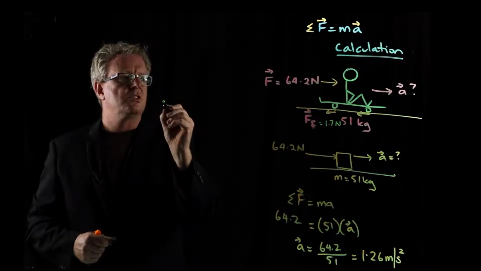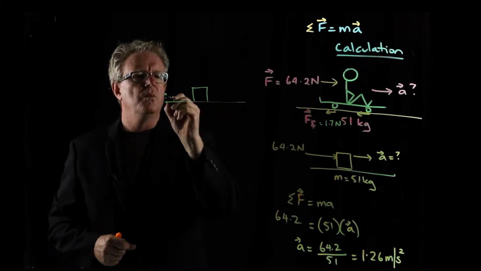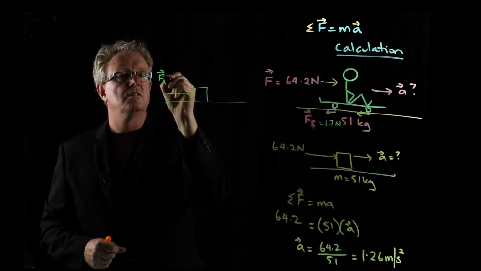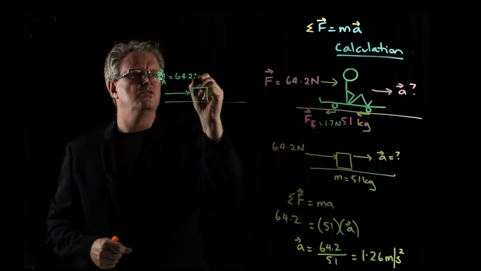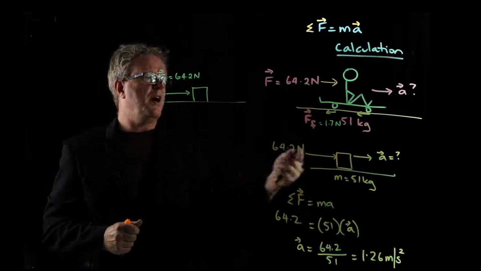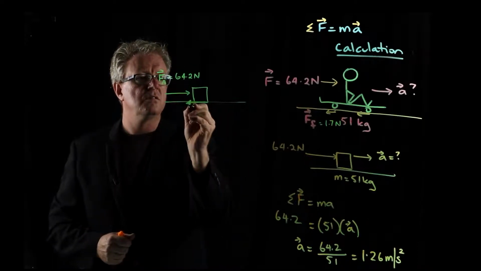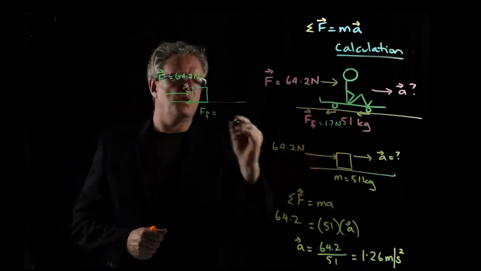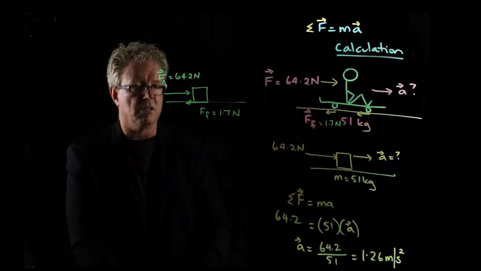We've got our box, and we've got an applied force going at 64.2 newtons. We now have another force coming back, which is the frictional force, 1.7 newtons. Yeah, that makes sense.